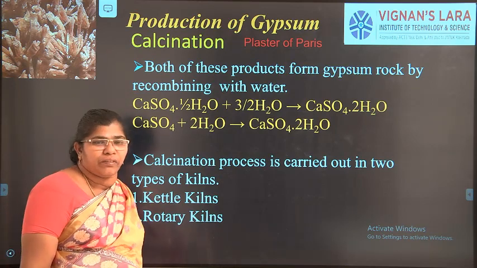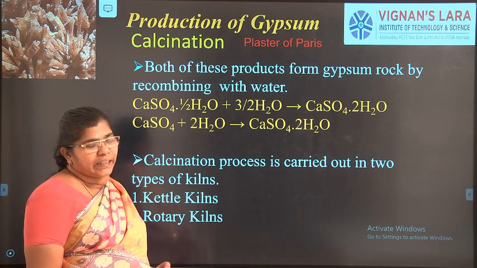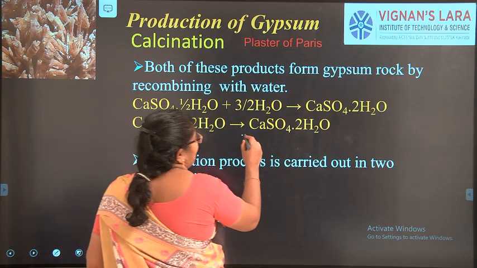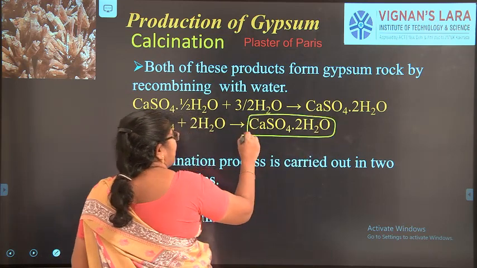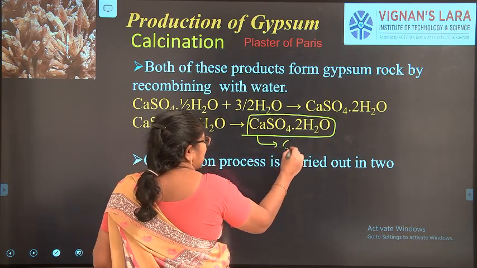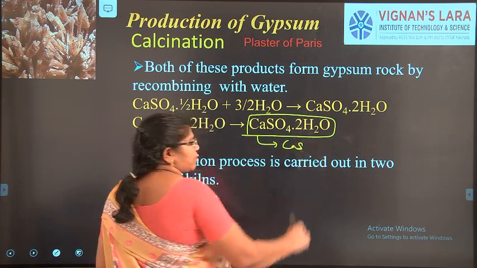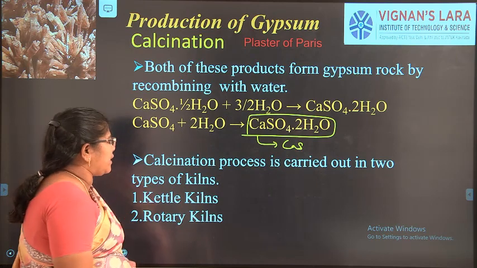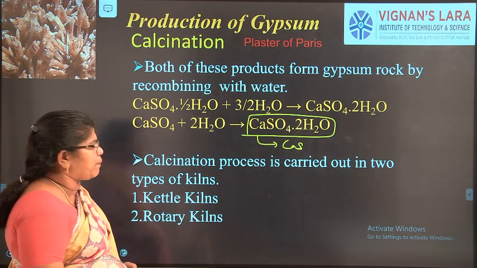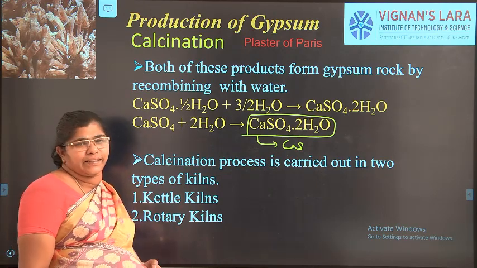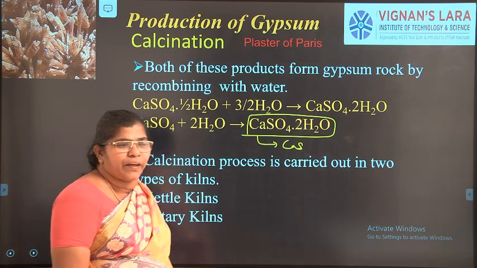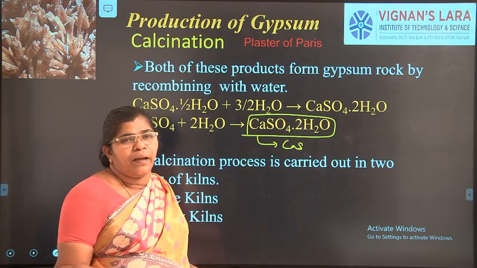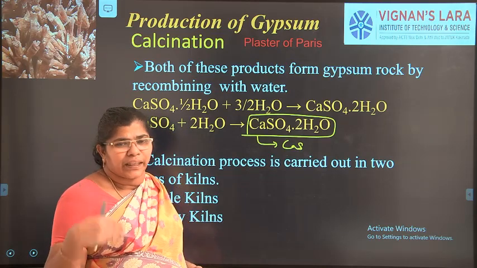After that, both of these products from gypsum rock are recombined with water. When we are washing it, it again forms CaSO4 2H2O, which we call calcium sulfate dihydrate, and this is mainly carried out with the help of kilns. A kiln is a very big vessel for mixing particles, where the particles are allowed to mix thoroughly.